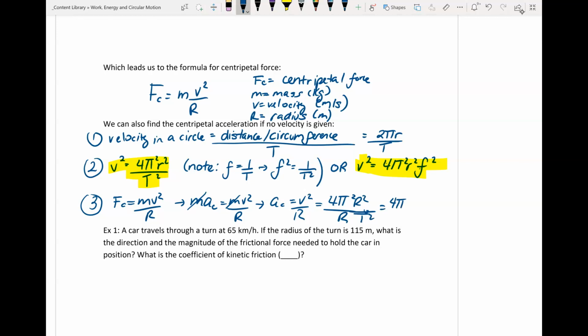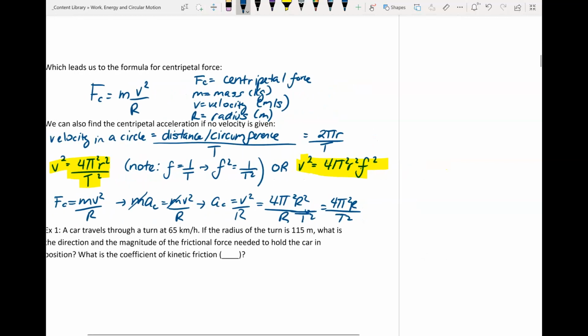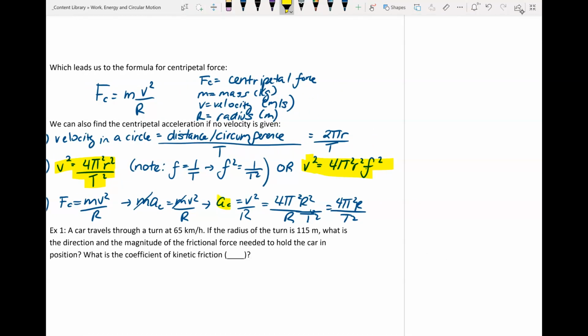So we're left with 4 pi squared r over t squared. So this is one option to calculate our centripetal acceleration. The other option is using our other equation that we found in part 2. So ac could also be 4 pi squared r f squared, frequency squared. And this is another equation we can use to find centripetal acceleration.